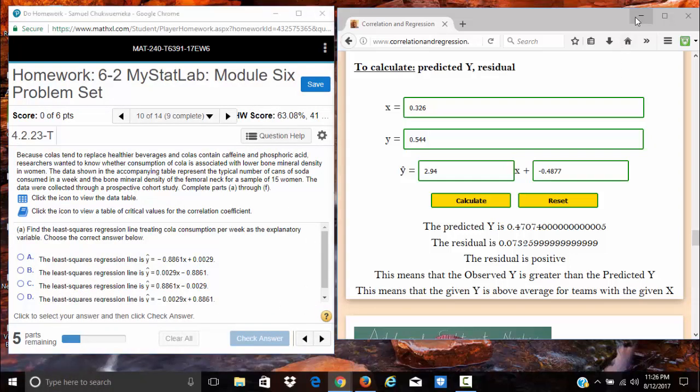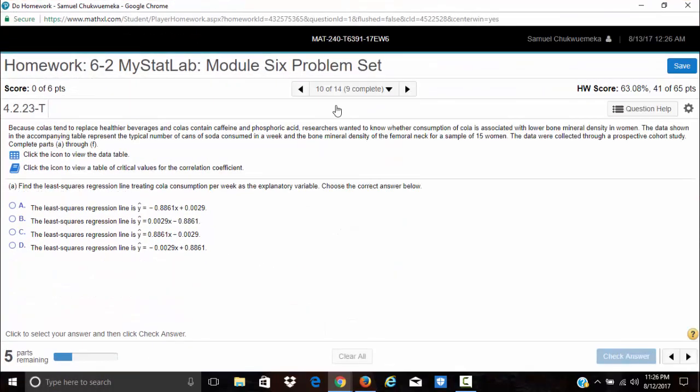Question 10. Because colas tend to replace healthier beverages, and colas contain caffeine and phosphoric acid, researchers wanted to know whether consumption of cola is associated with lower bone mineral density in women.